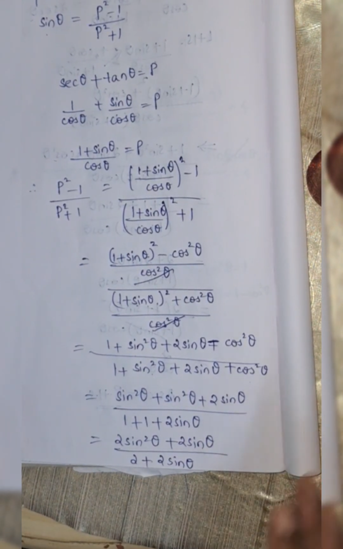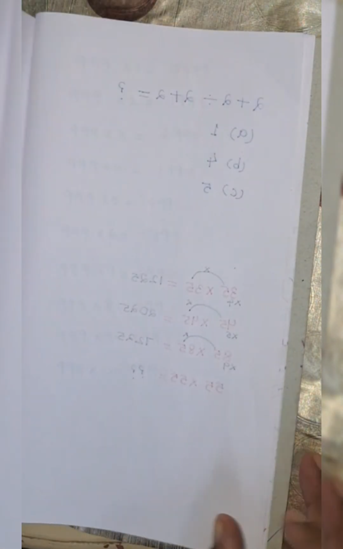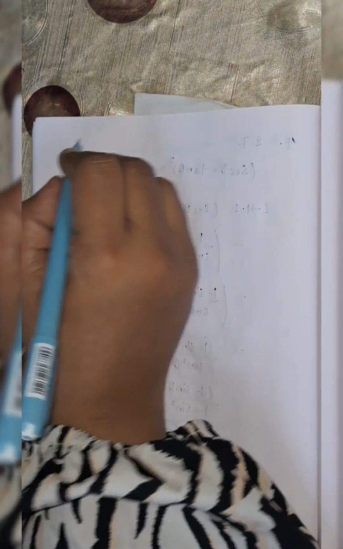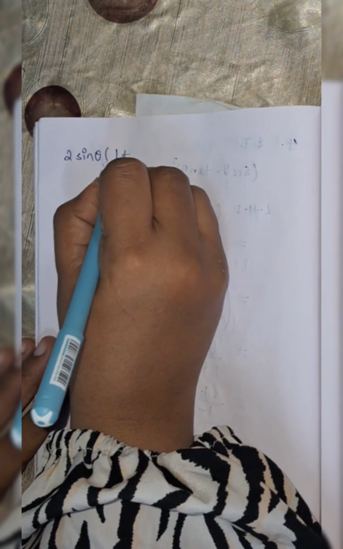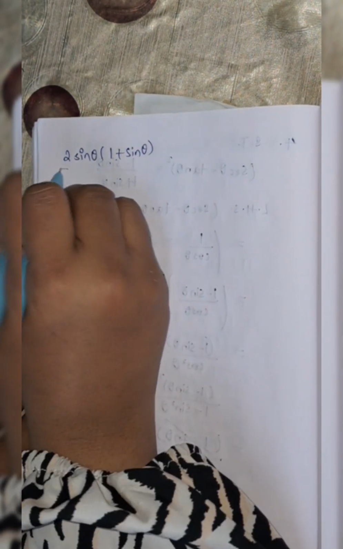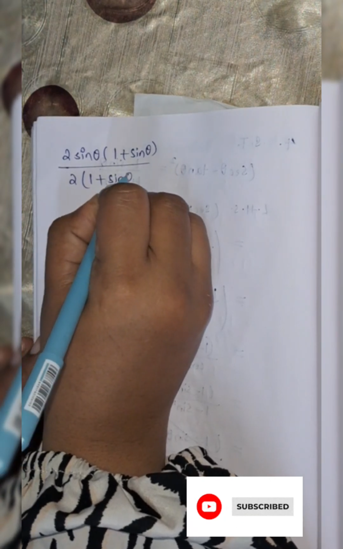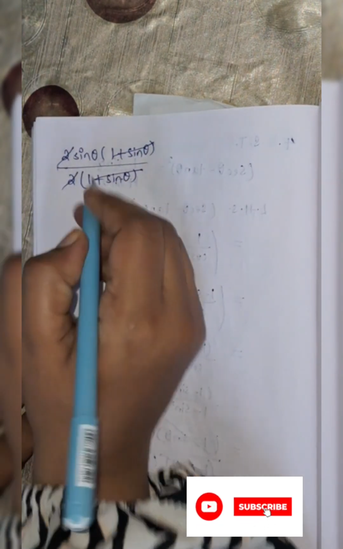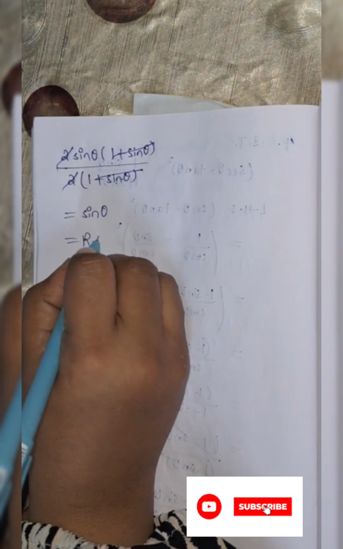Taking 2 sin theta common in the numerator, it is (1 plus sin theta), and taking 2 common in the denominator, it is (1 plus sin theta). So the (1 plus sin theta) and 2 get cancelled. Your answer will be sin theta, which is equal to the RHS.